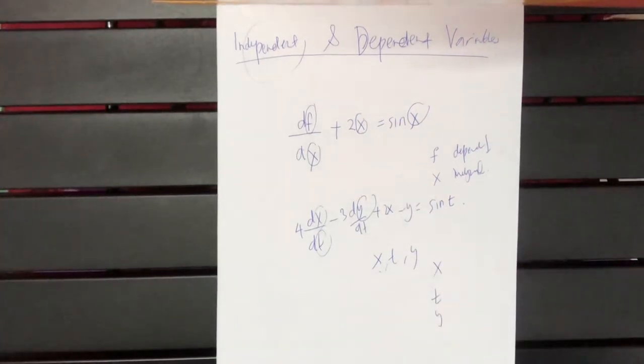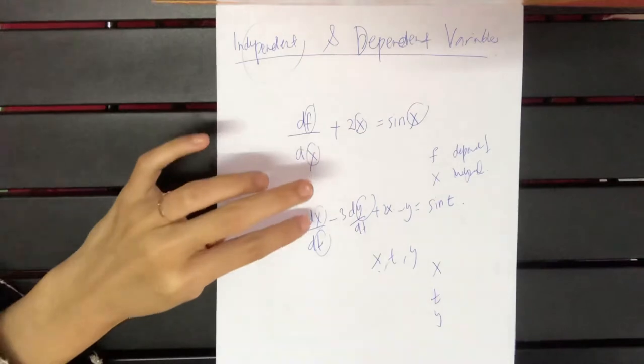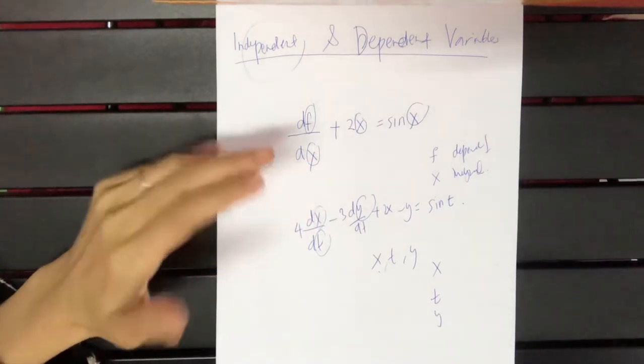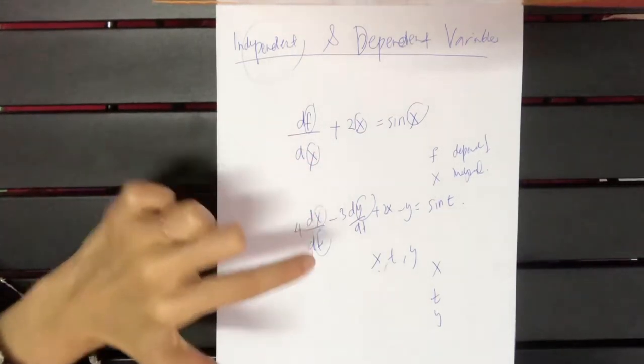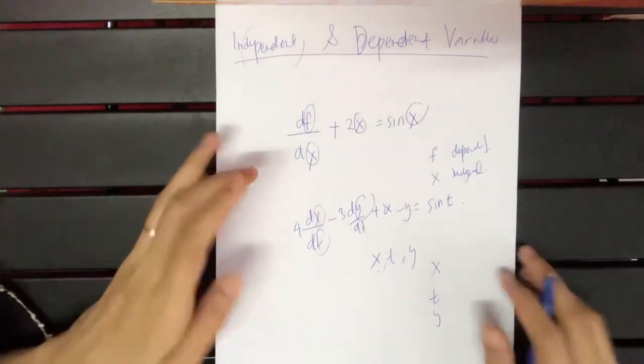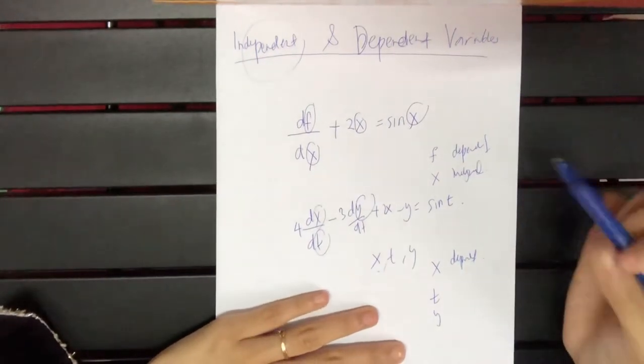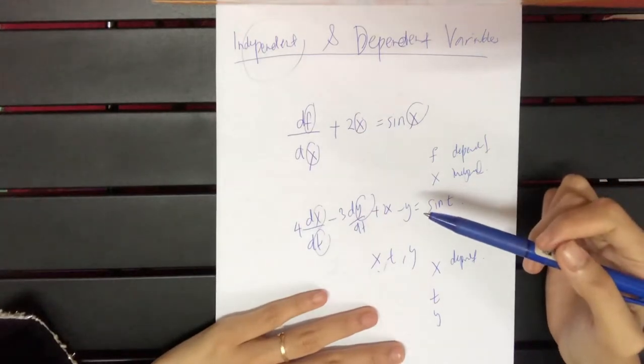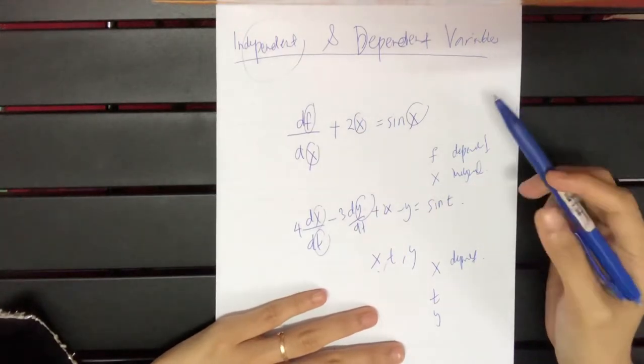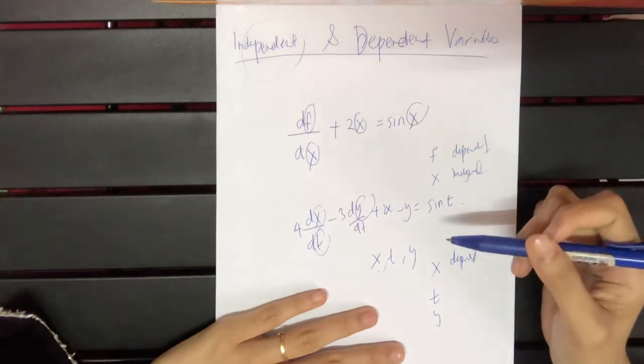Is x a dependent or independent variable? You can see that x is located at the above, right? So x depends on t. So x is dependent. How about y?